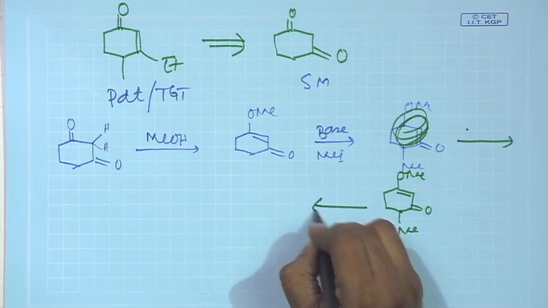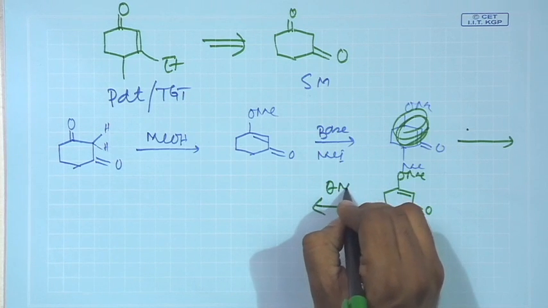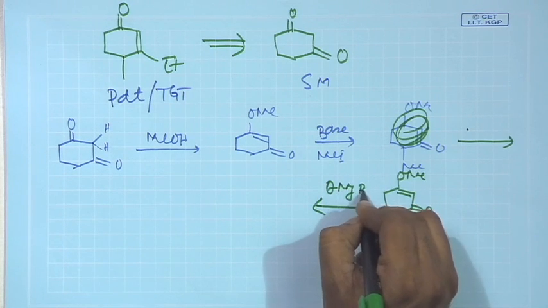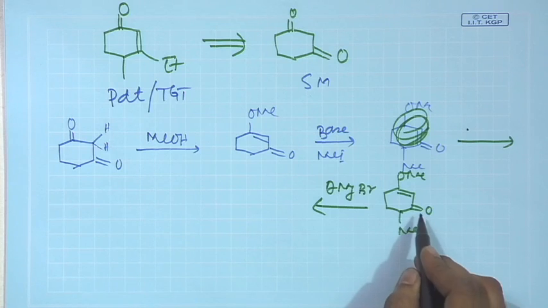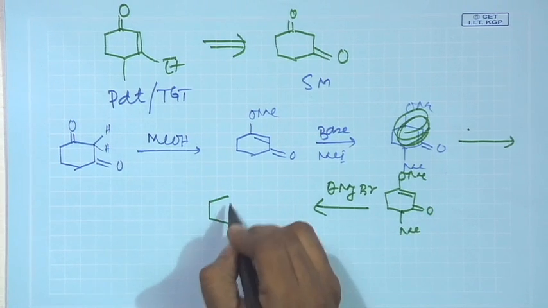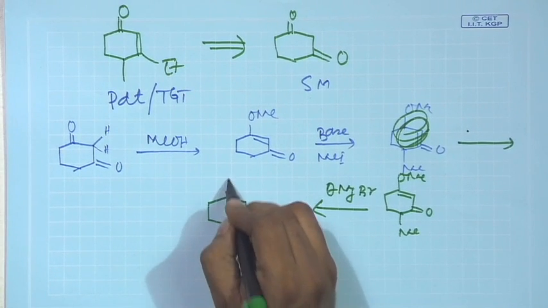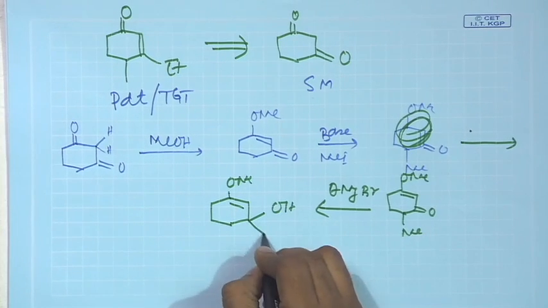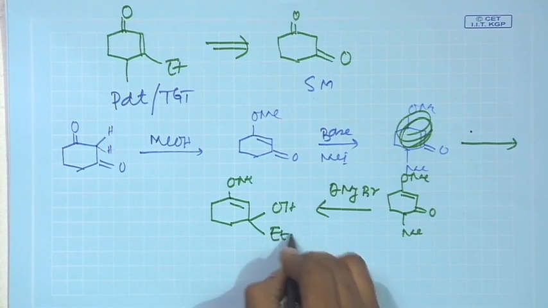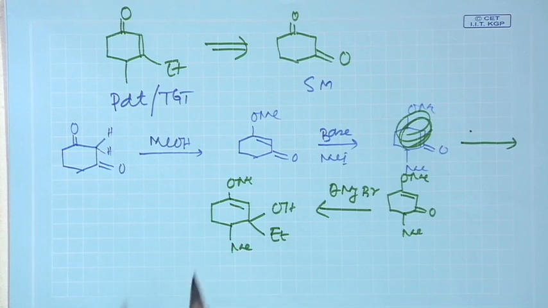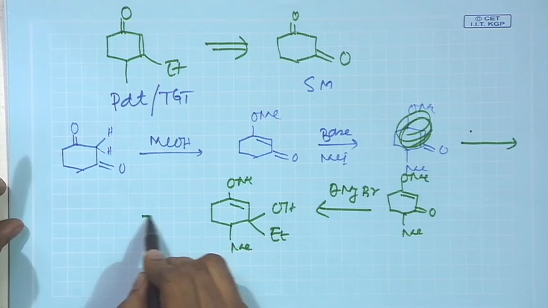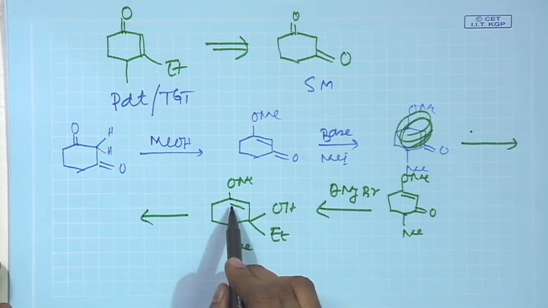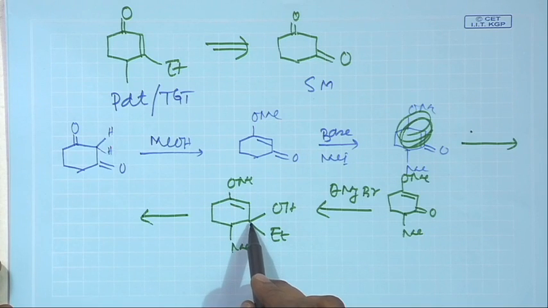So, now you do an ethyl magnesium bromide to introduce the ethyl group. This is an alpha beta unsaturated ketone. So, ethyl magnesium bromide will make an attack here to give you a tertiary alcohol. Your methyl is here, fine.